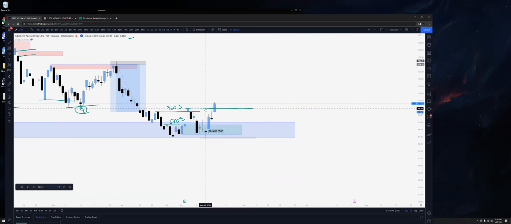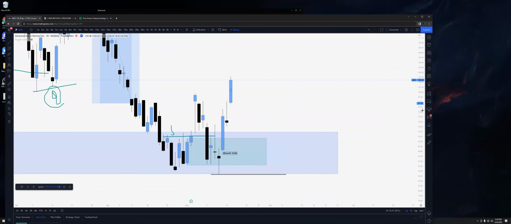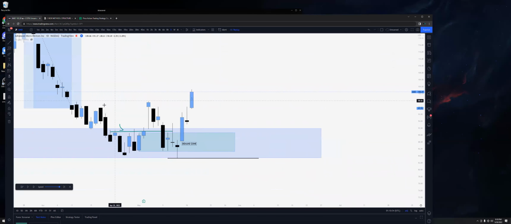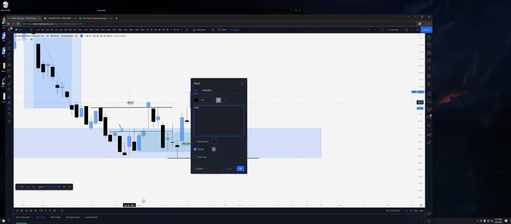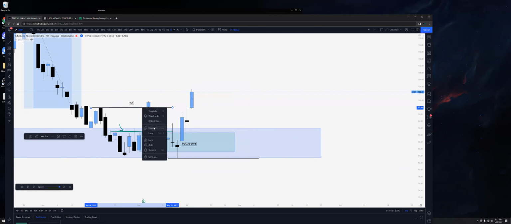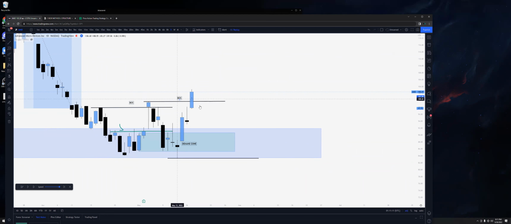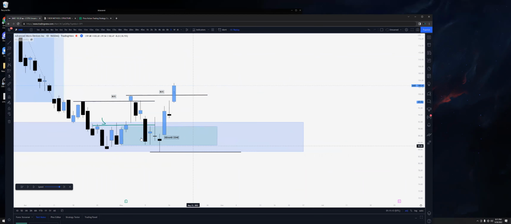So we have that level there, and we already know that this broke structure, and we know we're bullish. Then let's see what happens. So this right here broke structure. This right here broke another structure. And then we're just waiting to see if price comes right back down into our demand zone.